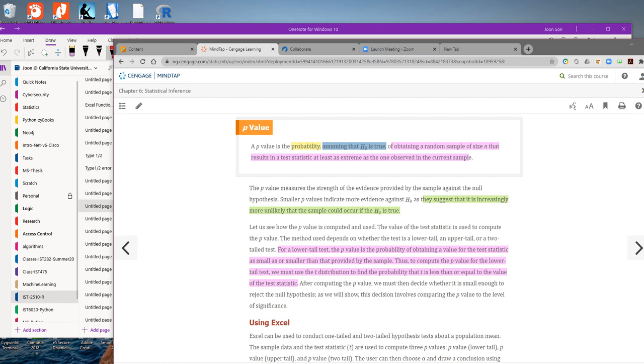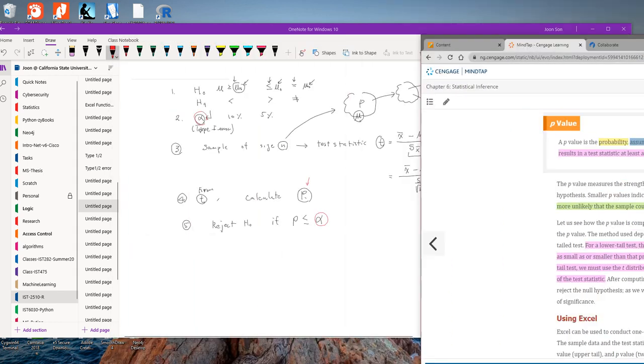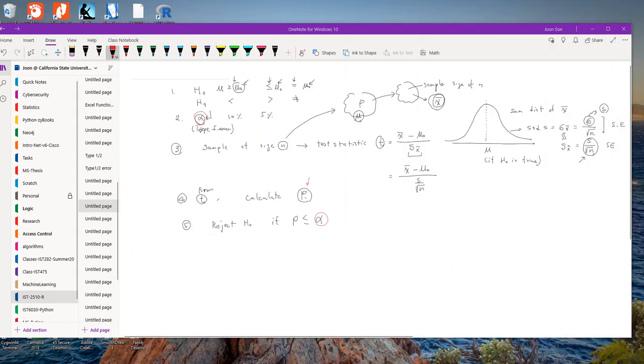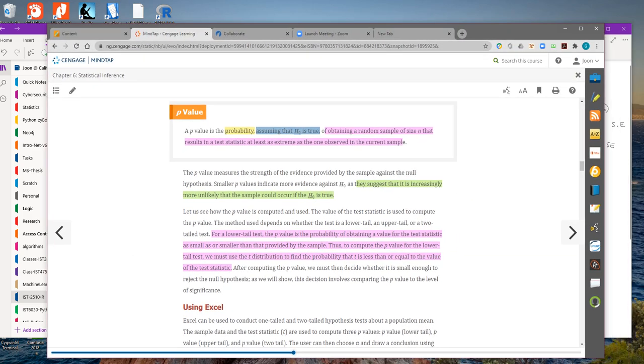The important words are at least: it could be as extreme as the one observed, or even more extreme. That's the formal definition of the p-value.